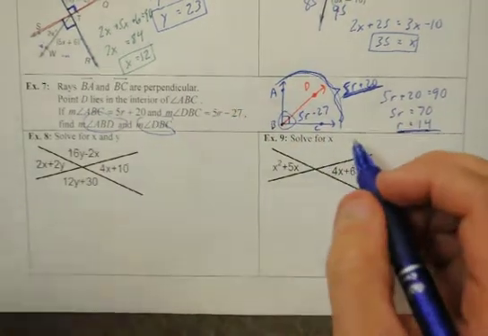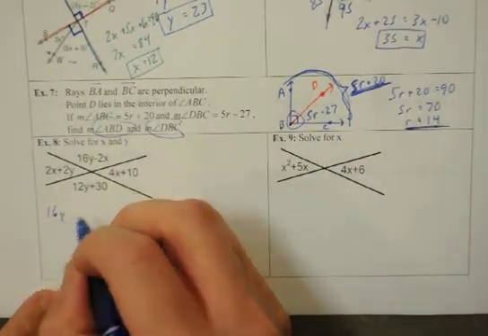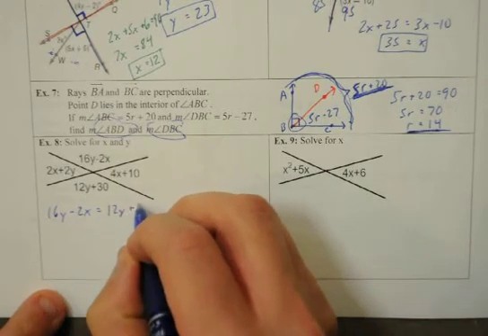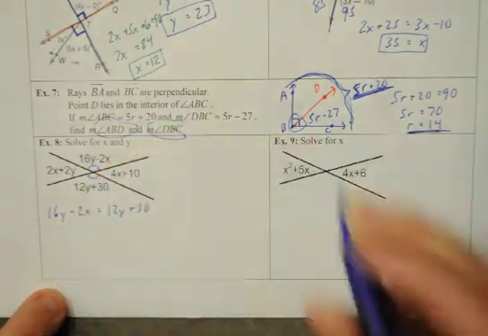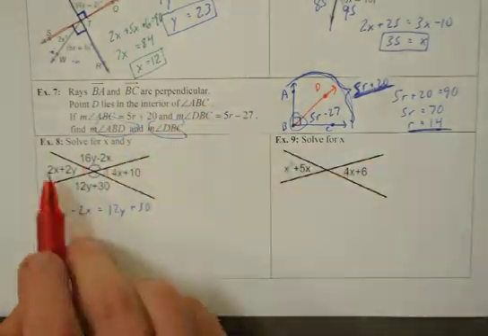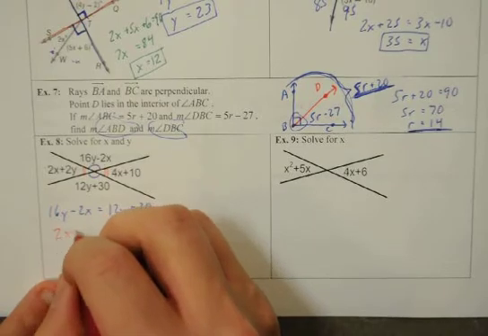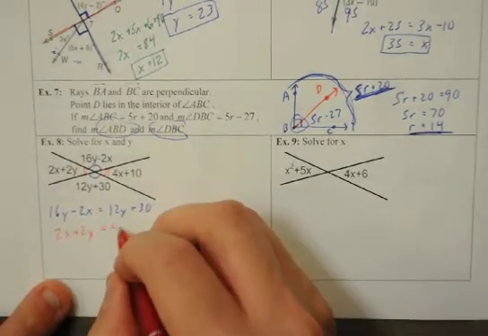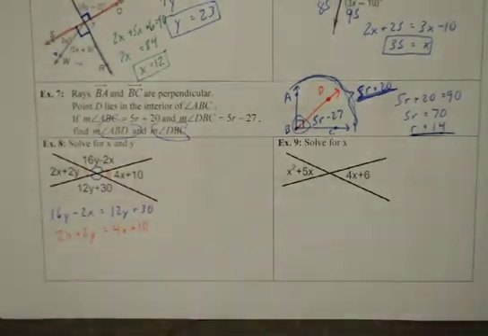So, one equation that we have is that 16y minus 2x is equal to 12y plus 30. That's one equation. The other equation we could use is that 2x plus 2y is equal to 4x plus 10.